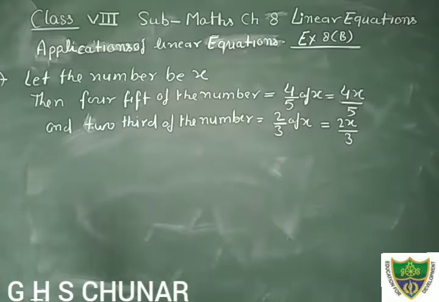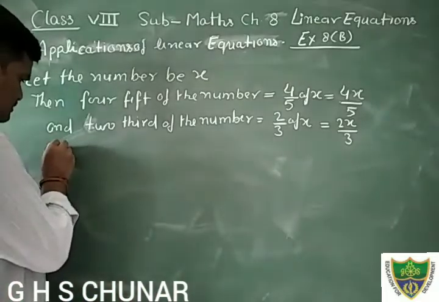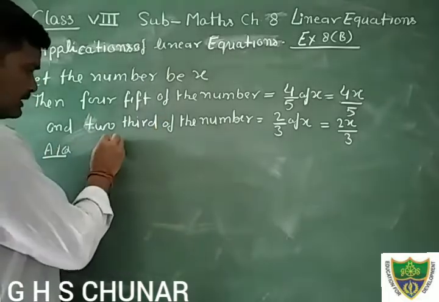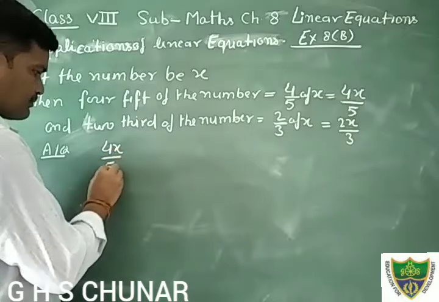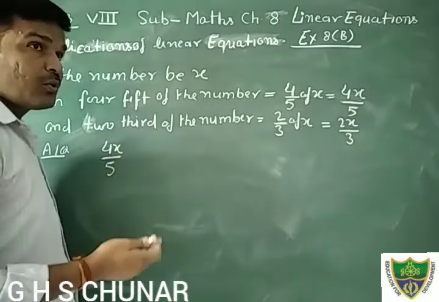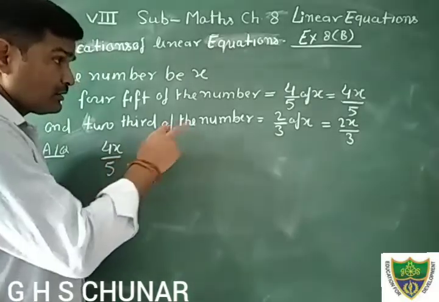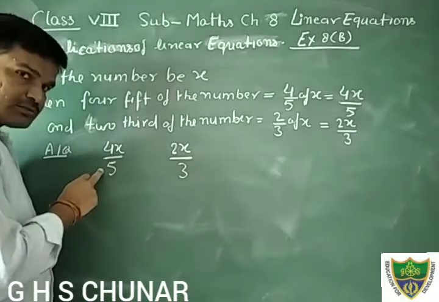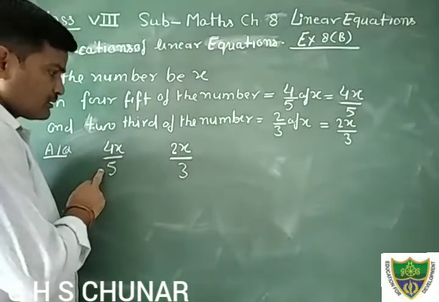Now it is given that 4/5 of the number is 10 more than 2/3 of the number. According to the question, 4x/5 is 10 more than 2x/3.